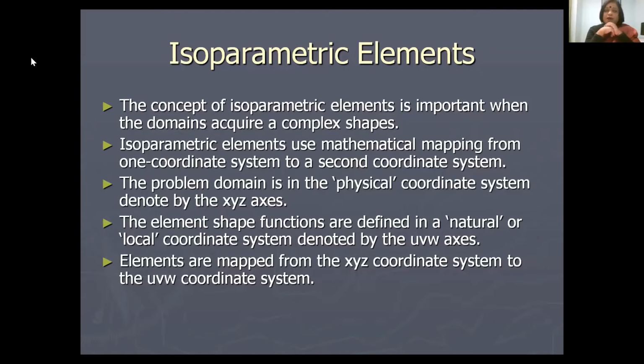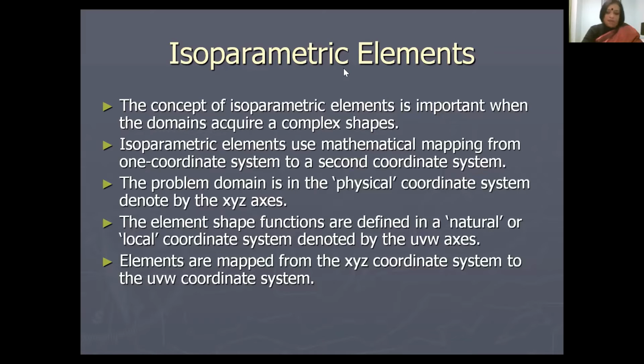So once you have defined the isoparametric element in the local coordinate system, you will have to figure out a way of mapping each element onto the physical coordinate system. Essentially, you will need to take your elements and map them from the actual physical XYZ coordinate system into a second coordinate system.